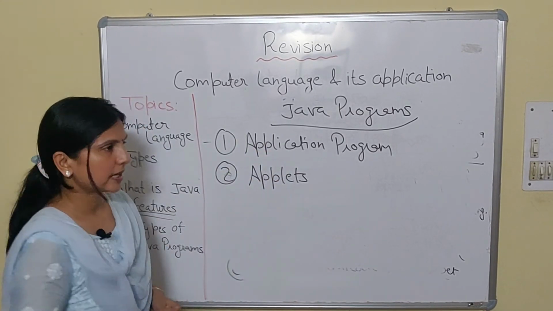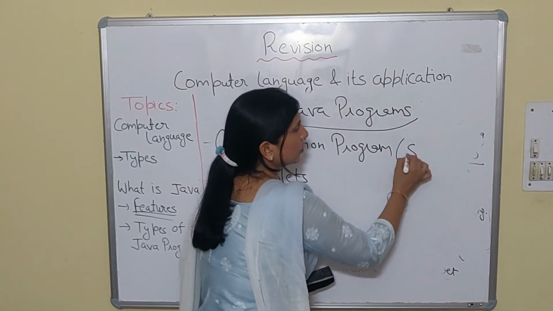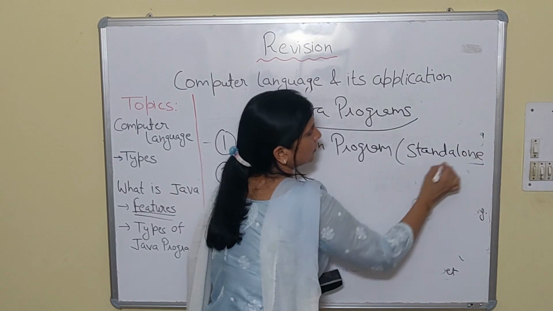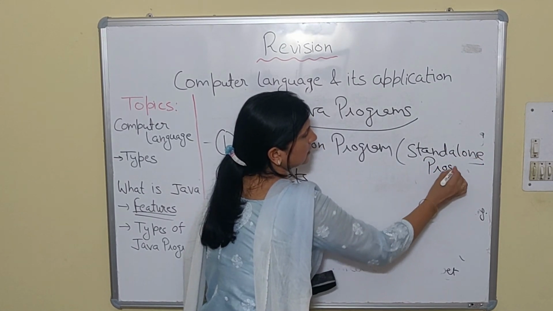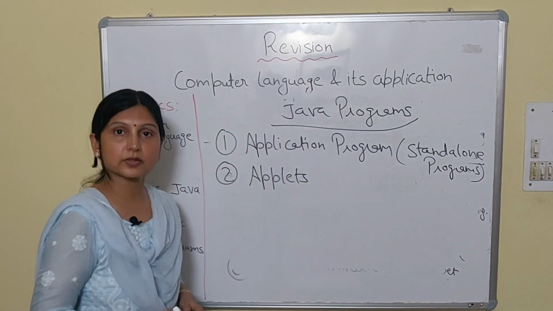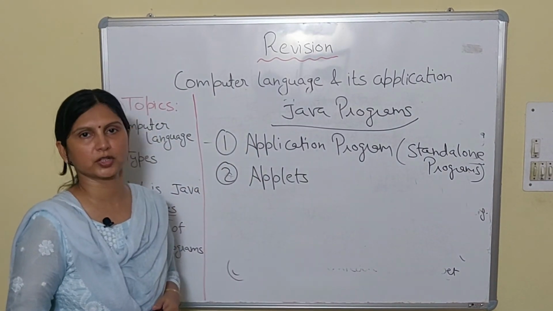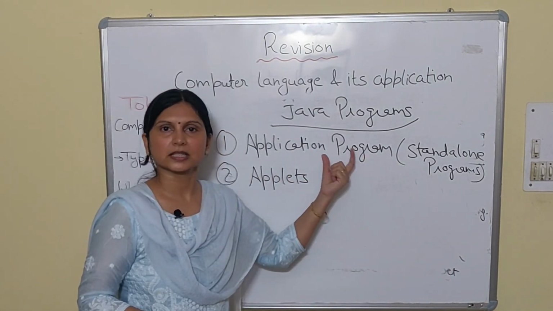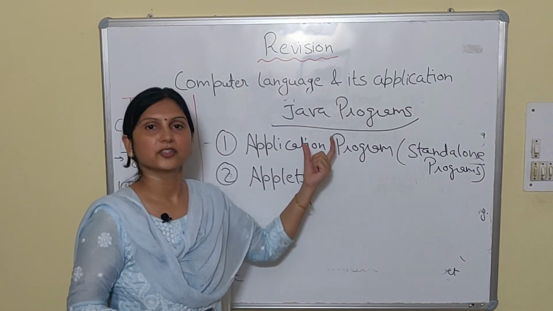Application programs are also called standalone programs. Now what are standalone programs? These are the programs which we can run on standalone machine. Fine. And all the application programs contain which method?